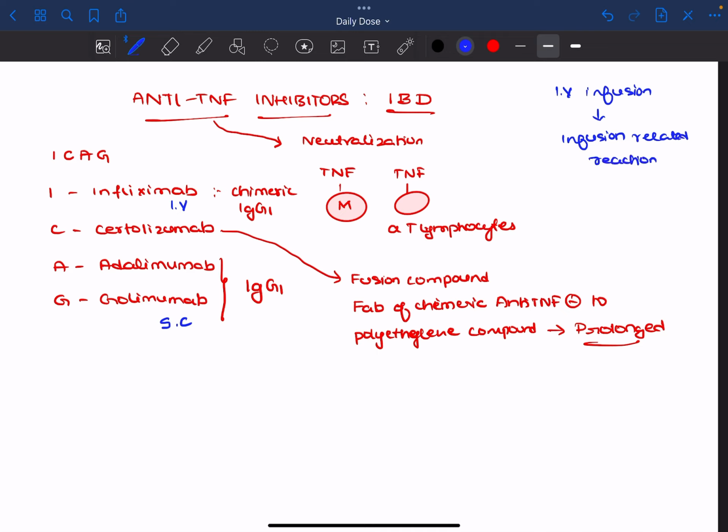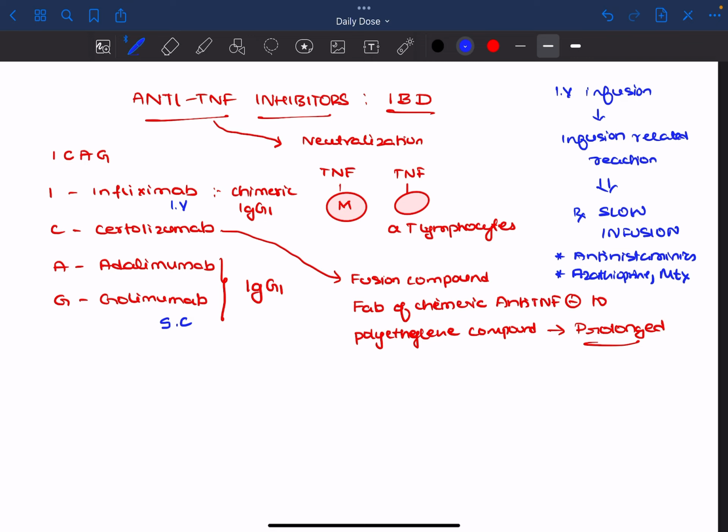This can be avoided by giving it through slow infusion. Along with IV infusion you can add antihistaminics as well as immunomodulators like azathioprine or methotrexate, so that you can avoid the infusion related reactions.